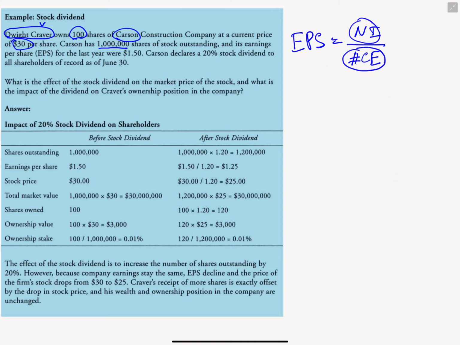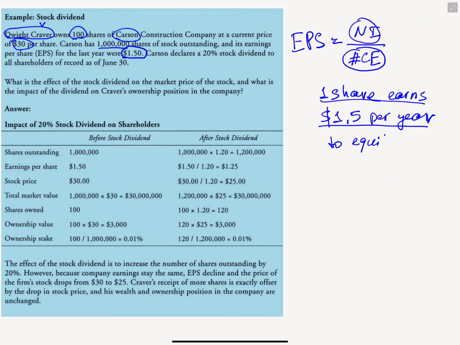Here we have $1.5. It means one share earns $1.5 per year for the equity holder.